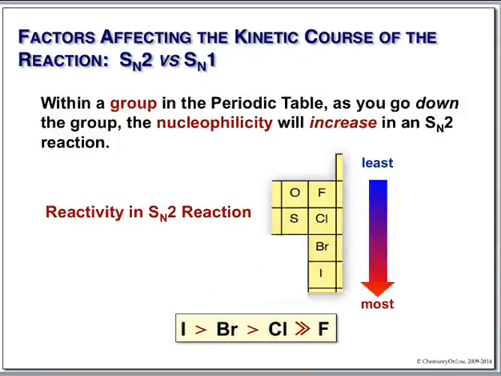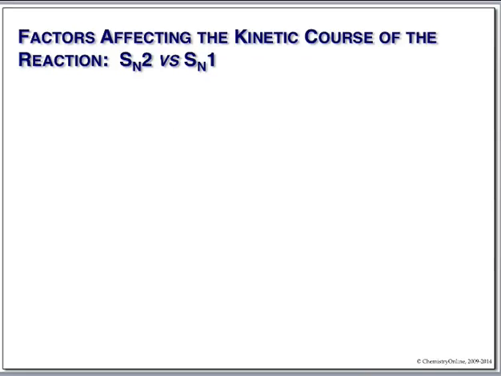So that's how you can push it Sn1 or Sn2, depending on your nucleophile. If you're dealing with an acid, you want a strong base, oxyacid, strong base. If you're dealing with a halogen, you want to go down your periodic table. That gives you more Sn2.